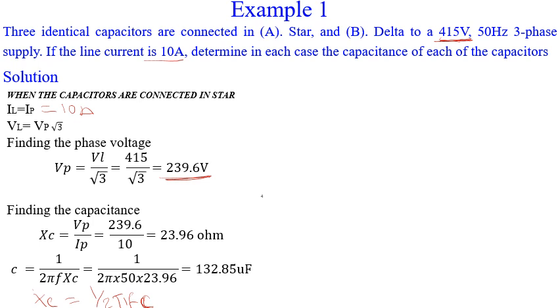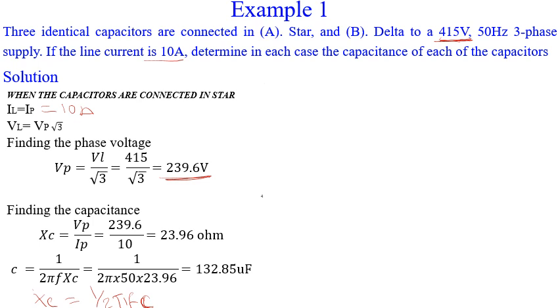Then dividing everything, we get the value of our capacitor as 132.85 microfarad. That is for the star arrangement, and we need to also calculate it for the delta arrangement.